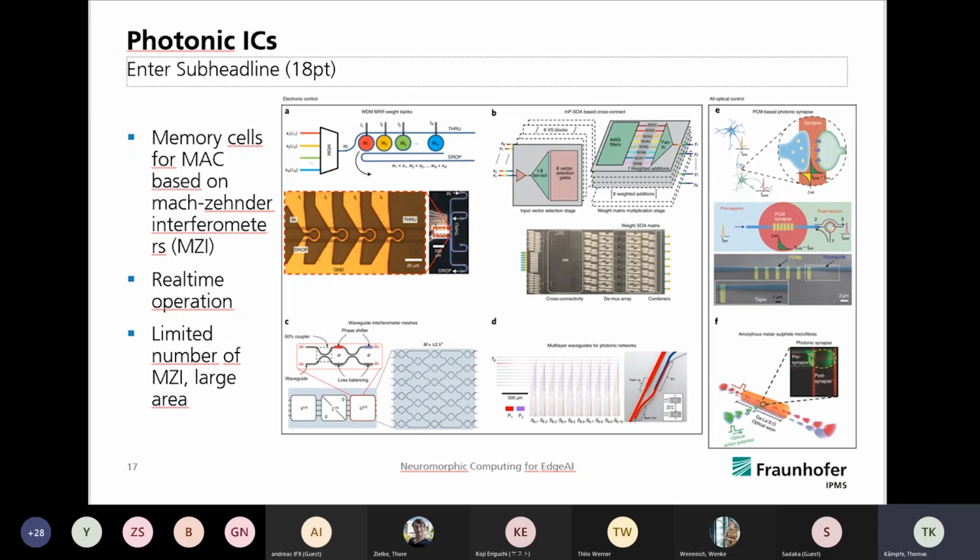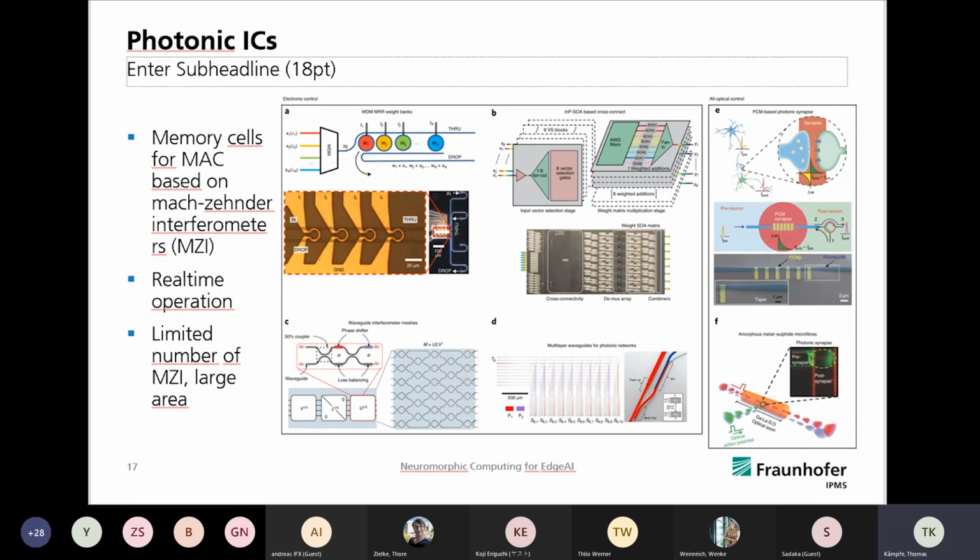The layout of the interconnections can be represented again by such a matrix-vector operation, where the input to each neuron is the dot product of the output from the connected neurons attenuated by a weight vector. The memory cells in such photonic ICs are typically interferometers or Mach-Zehnder interferometers.